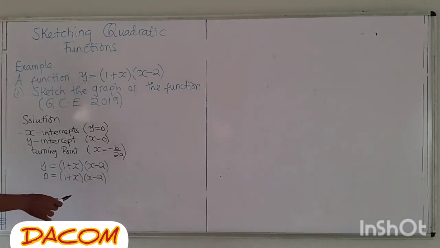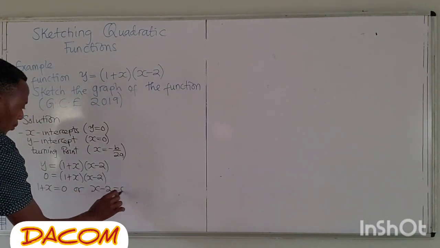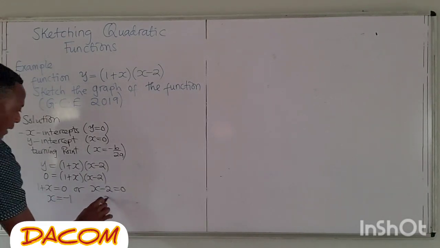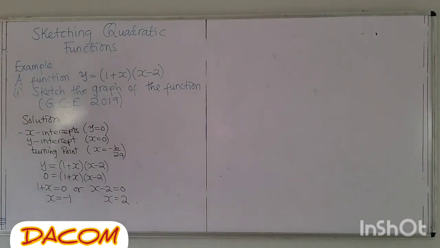According to the product rule, either 1 plus x is equal to 0 or x minus 2 is equal to 0. So here we have x is equal to negative 1, and on this side x is equal to 2. So we have found the x-intercepts.